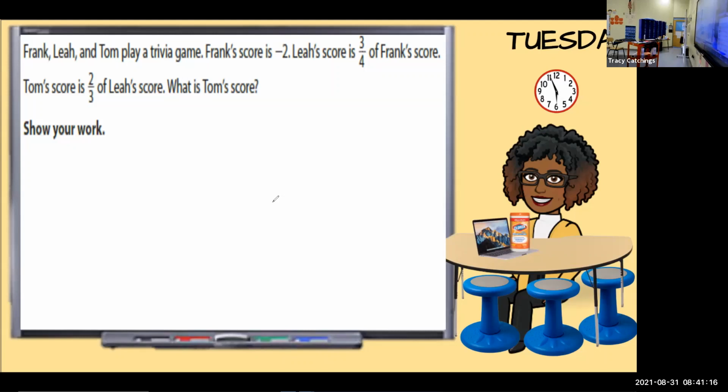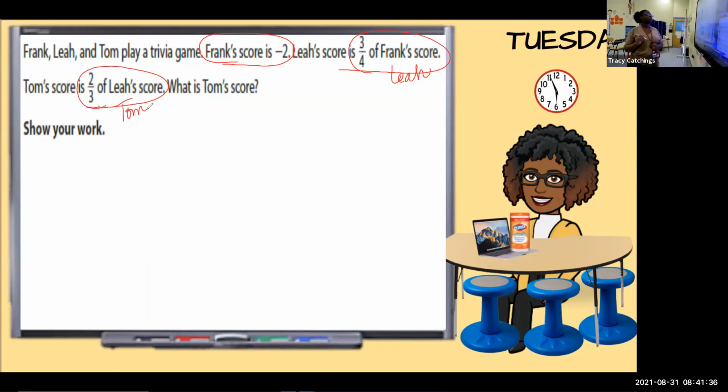Remember I said anytime we're stuck on figuring out what we need to do, let's go and pick out some key information. So we got Frank at -2. They said Leah is 3/4 of Frank. And then they said Tom is 2/3 of Leah.